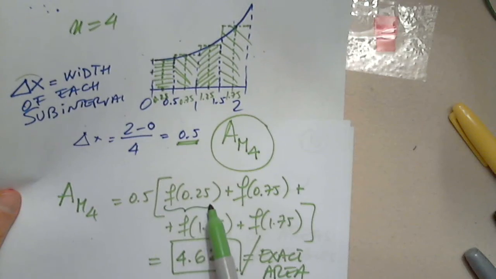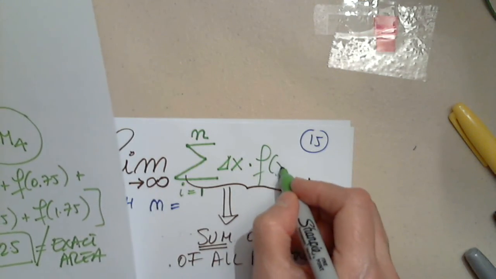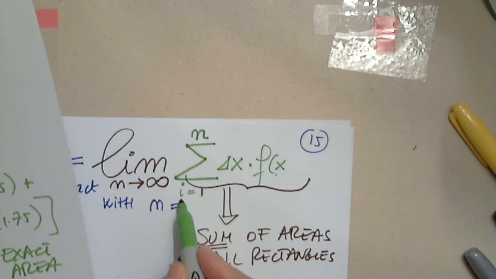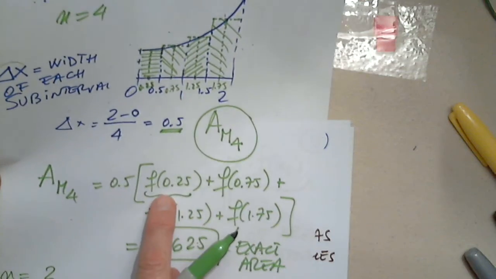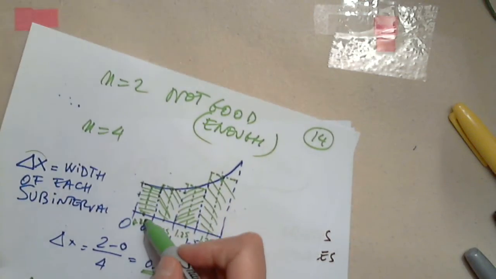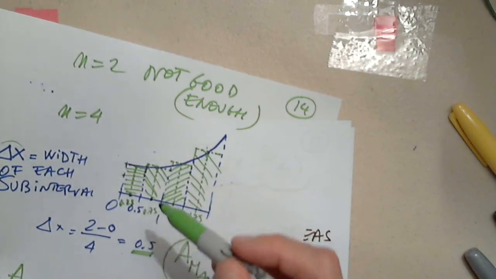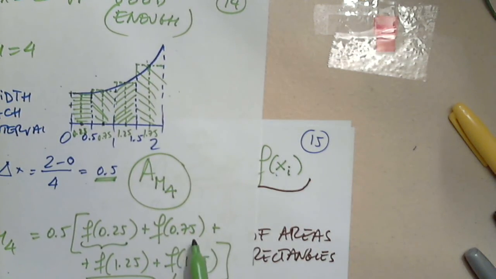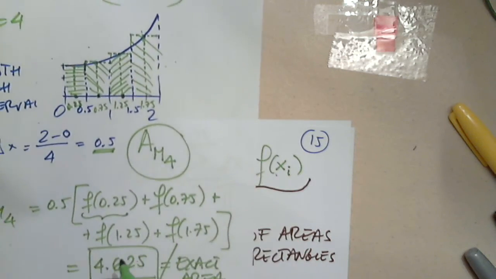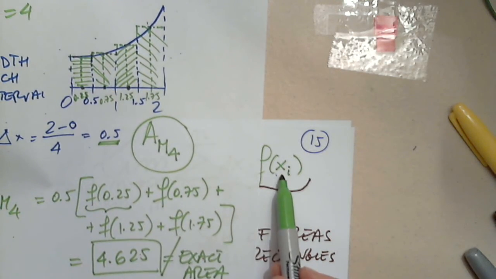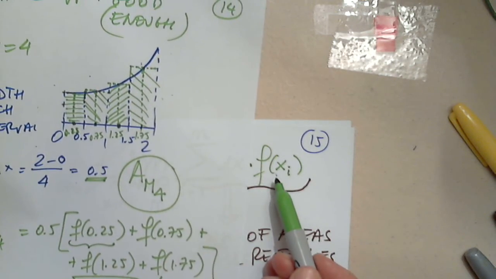What is this? It's f of x. But we are going to have to connect it to this, because it's not always the same. See here, for the first subinterval is f of 0.25, but for the second subinterval is f of 0.75. So that's not the same always. For this point is f of 1.25. It's a different one. For this point is f of 1.75, a different one.